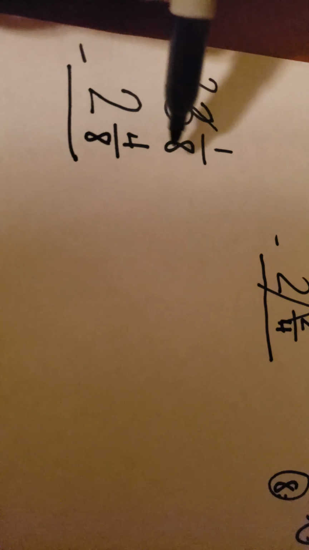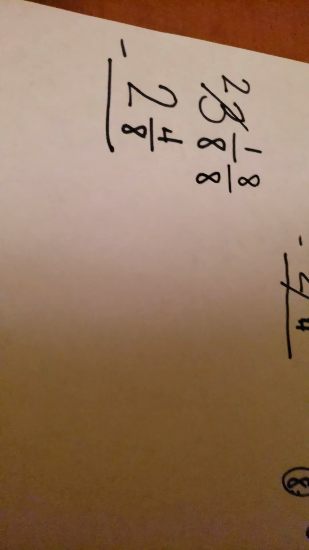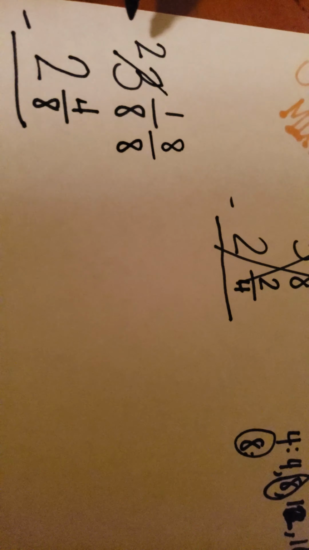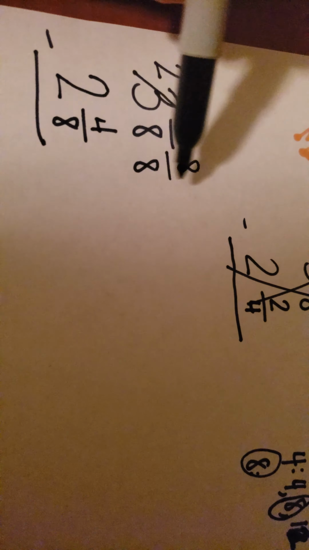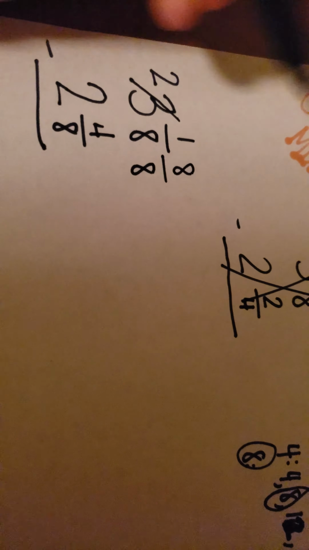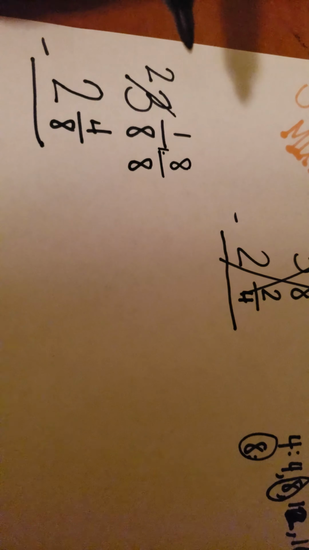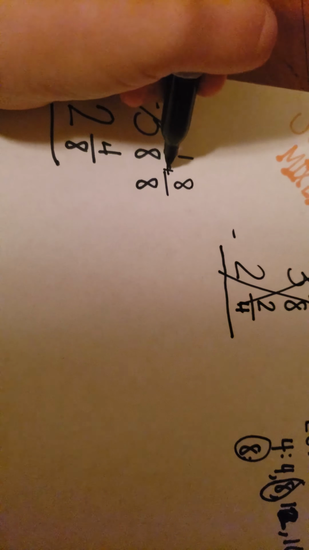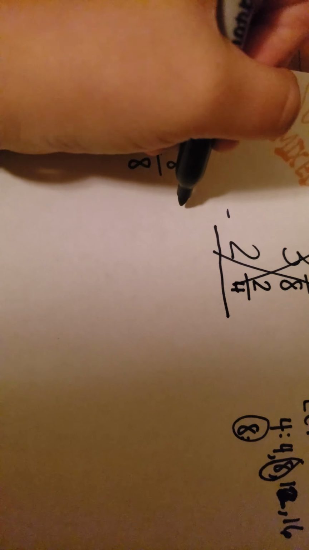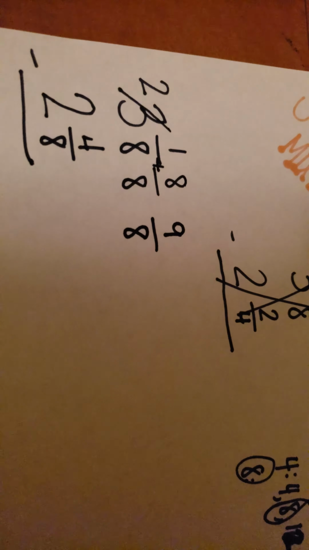So I'm going to find the easiest fraction that I can add to this fraction that equals 1 whole. What that is, 8/8. 8/8 equals 1 whole. This is the whole that I took away from the 3. I'm just going to add it to my 1/8. 1 plus 8 is 9. My denominator is going to stay 8.